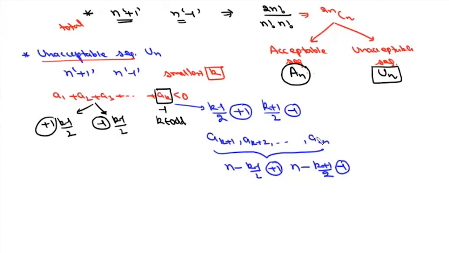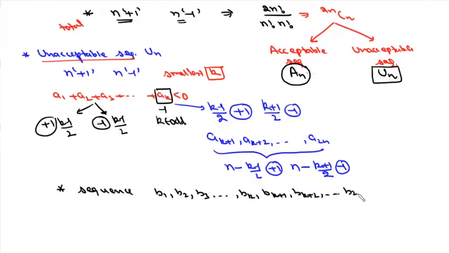Now what we'll do is we'll construct a sequence b1, b2, b3, up to bk, bk plus 1, bk plus 2 up to b2n.